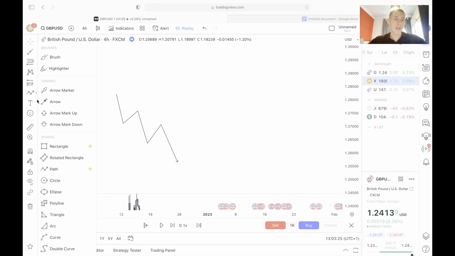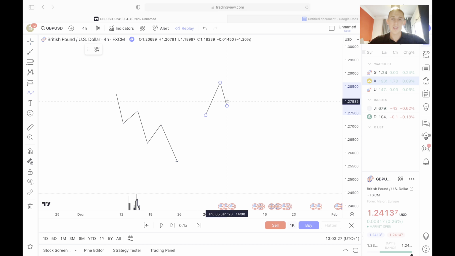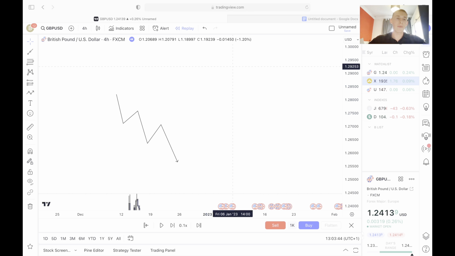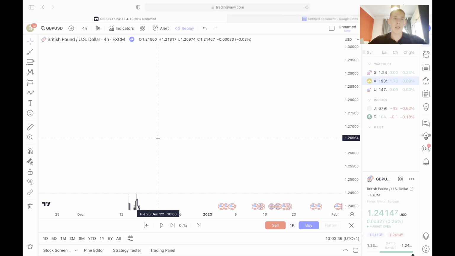If we are in an uptrend like this, we are doing the same, but we're waiting for price to retrace into a discount, which would be below the 50%, so anywhere within this region, and then we're simply getting in to follow the trend on a pullback. Simple as that.